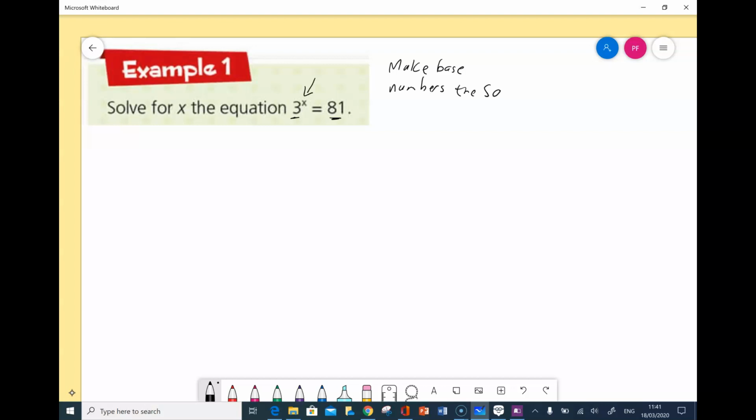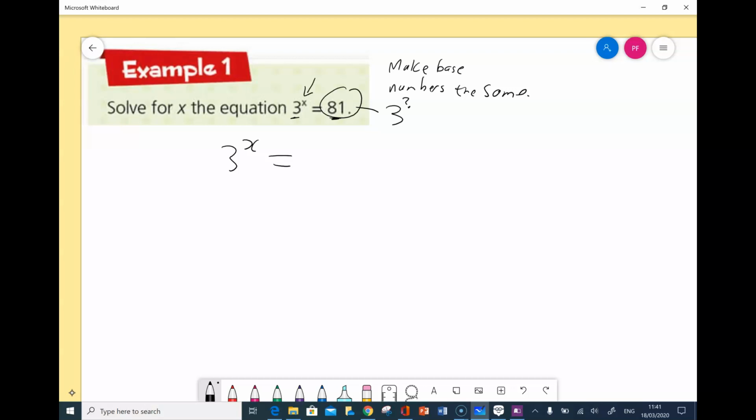How do I do that? Well, 3 to the power of x is equal to 81. But could I make 81 3 to the power of something? You can do that in your calculator: 3 to the power of 1, 3 to the power of 3, and on and on until you get 81. You'll do that at the start until you see the pattern and get the hang of it, and you'll see the same numbers occurring over and over again.